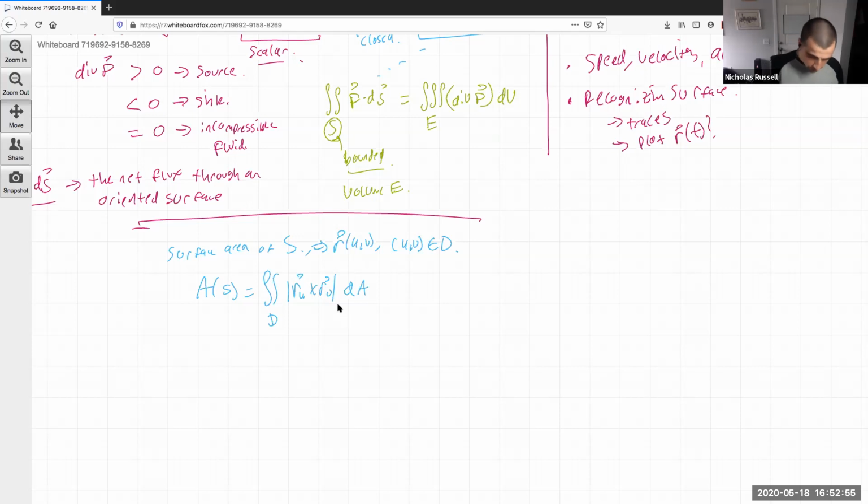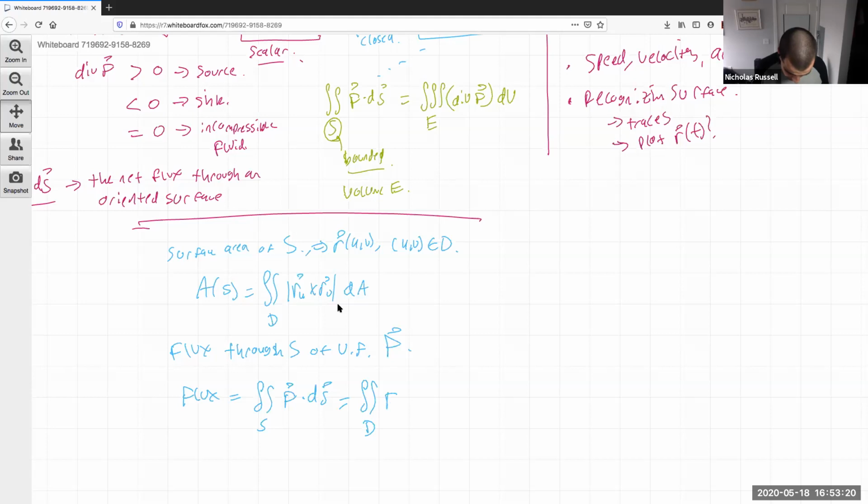If I'm asked for the flux through a surface of a vector field, let's call it F here, this flux is calculated by parameterizing and using F of R of UV.